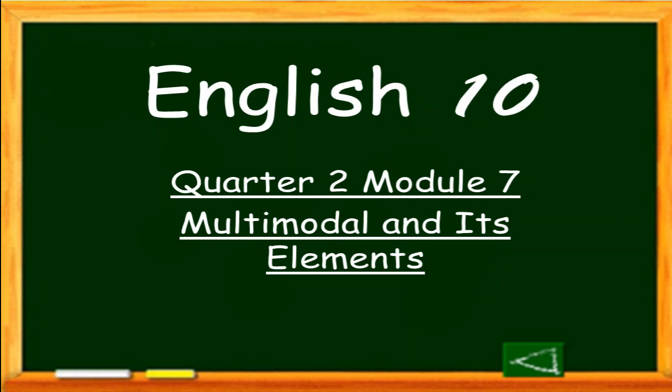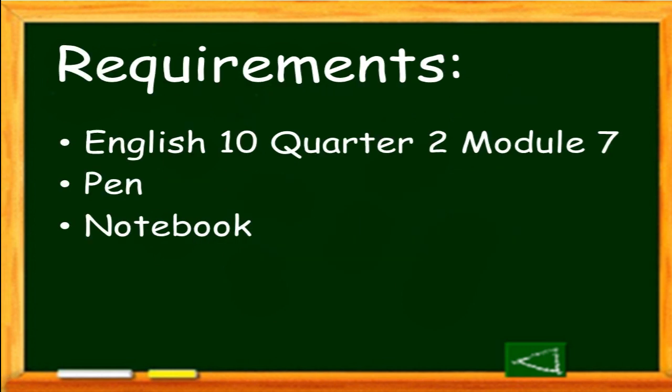Today, we are going to go through your English 10, Module 7 of Quarter 2, Multimodal and its Elements. But before we start, make sure that you have with you your English 10 Module 7 of Quarter 2, your pen, and of course, your notebook.